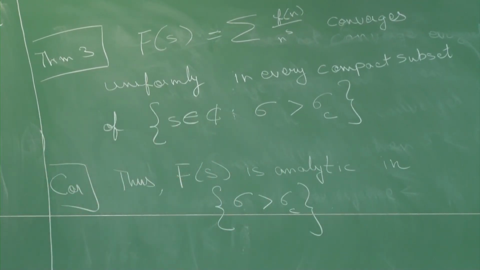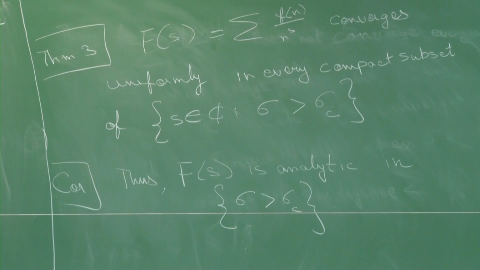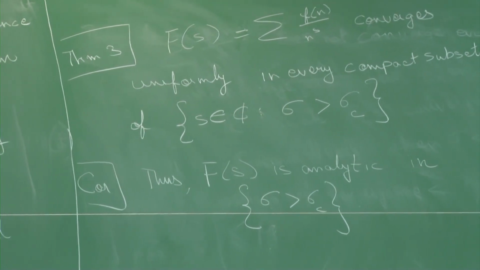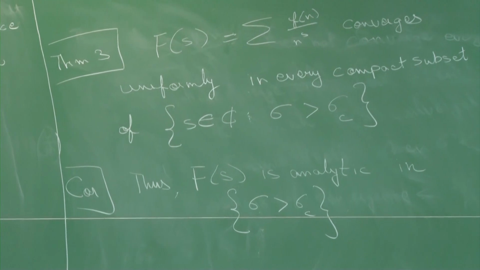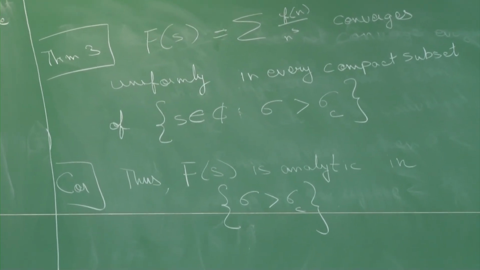Once you are able to treat your Dirichlet series as an analytic function, you can do lots of beautiful things. To begin with, you can differentiate it in that region. That's why we have made this observation about term by term differentiation converging to the derivative of the limit. So let's prove this theorem.